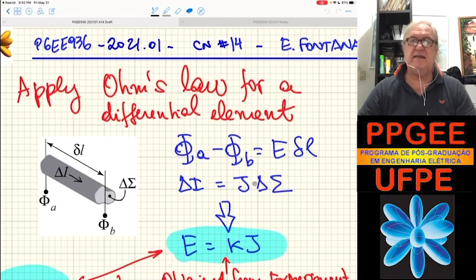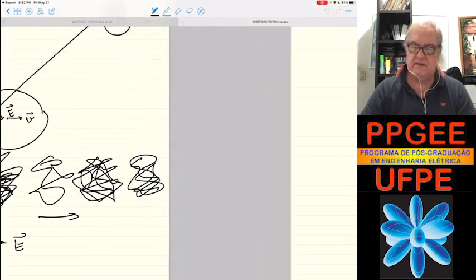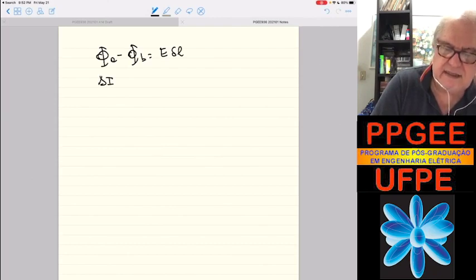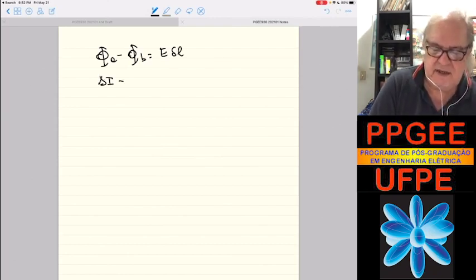So if we apply Ohm's law, the potential drop equals the resistance times J delta sigma. Let's calculate separately here. The potential drop is phi A minus phi B equals E delta L. And the current that is measured is J delta sigma.